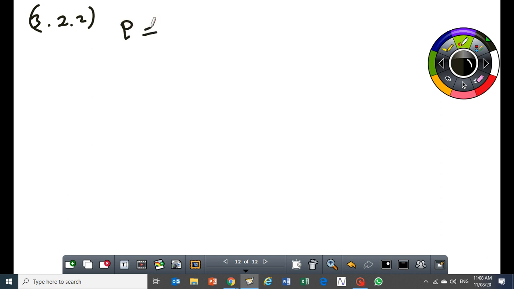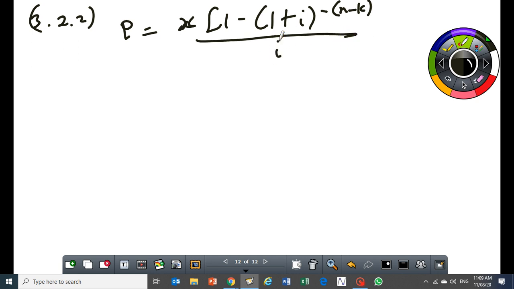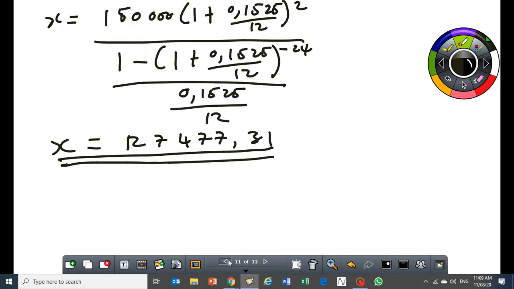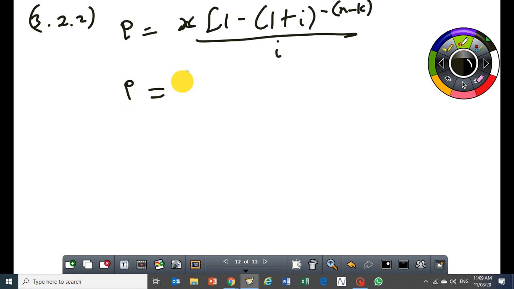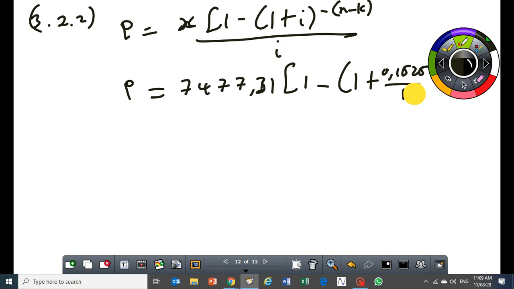It's your choice, I prefer this one here for this question. So P is equal to X times 1 minus 1 plus i raised to the power of minus n minus k, all over i. My X is this amount, 7477.31. 1 minus 1 plus 0.1525 over 12.